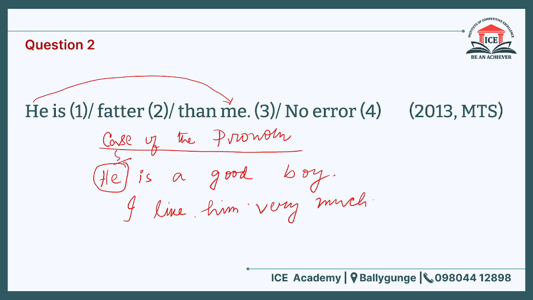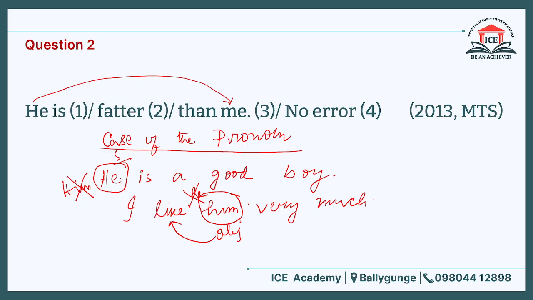And in the next sentence, I like him, him is the object of the verb like. Now, can I write I like he very much? Answer is no. I cannot write I like he very much. Neither can I write him is a good boy. It cannot also be written.